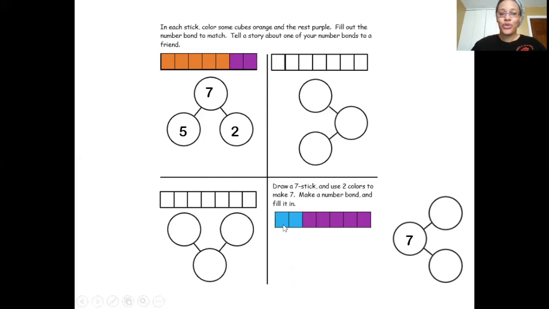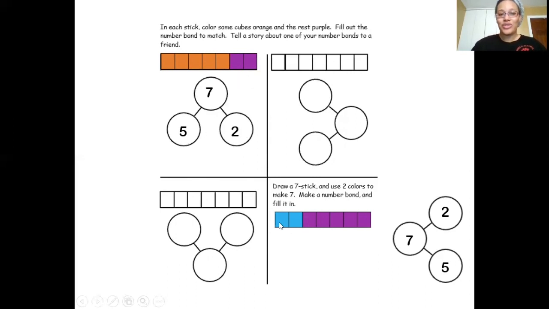So I see 2 blue candies. And 1, 2, 3, 4, 5 purple candies. Hey, this number bond and this number bond are the same, except for we had 5 orange and 2 purple.